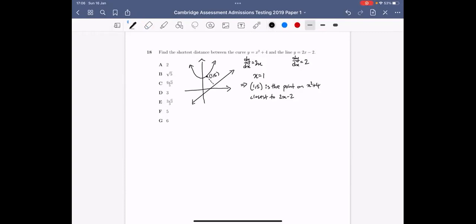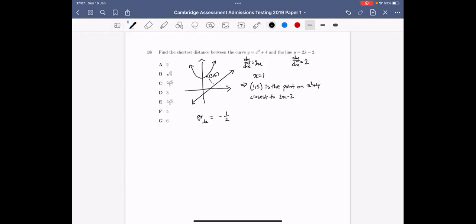We know that the perpendicular line has its gradient as the negative inverse of the line. So the gradient of this perpendicular line is -1/2.